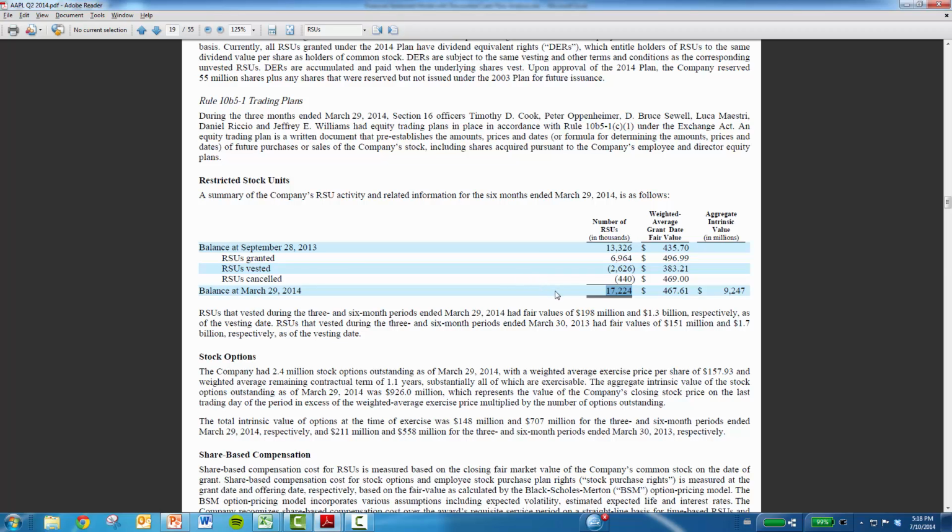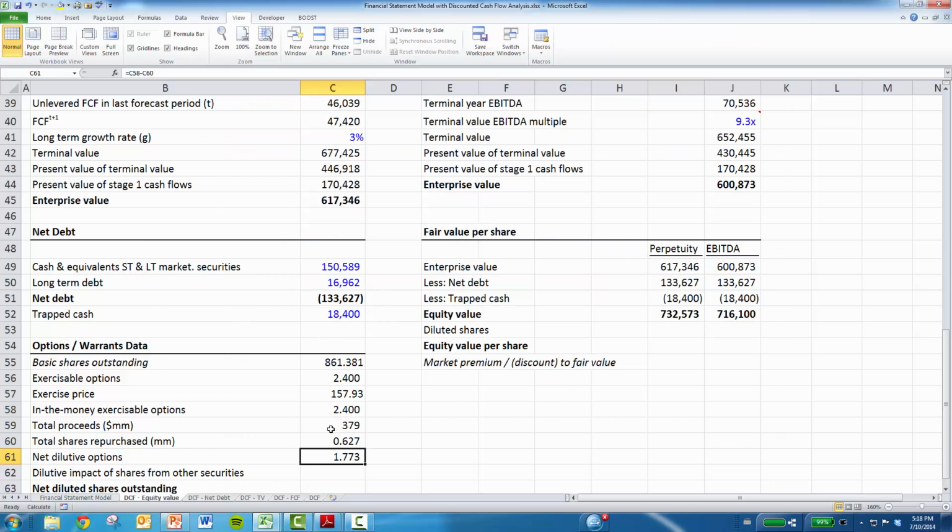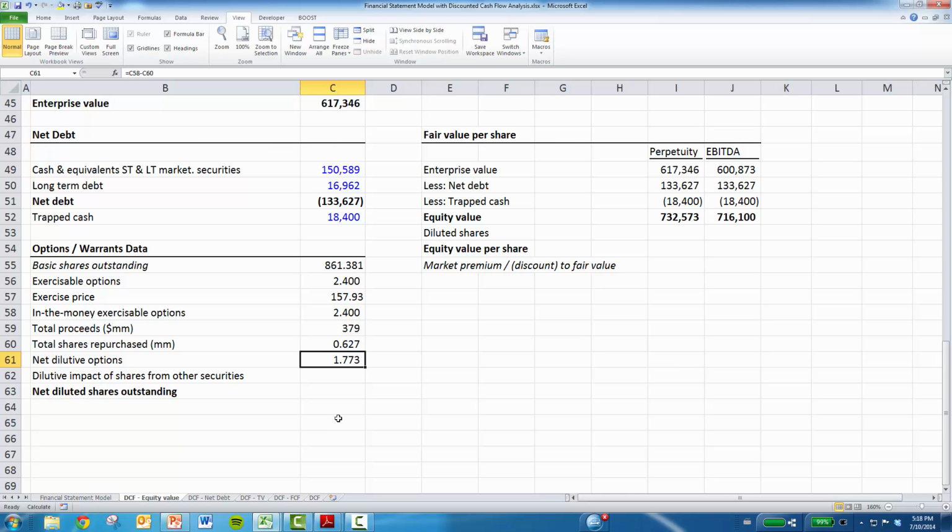But then the ones that are not vested are treated exactly like unexercisable options, and that is they're just completely excluded from the share count, and no dilution effect is assessed from RSUs. So we can ignore that piece. I just wanted you to be aware of why we're ignoring it. So we're going to hard code a 0 in here.